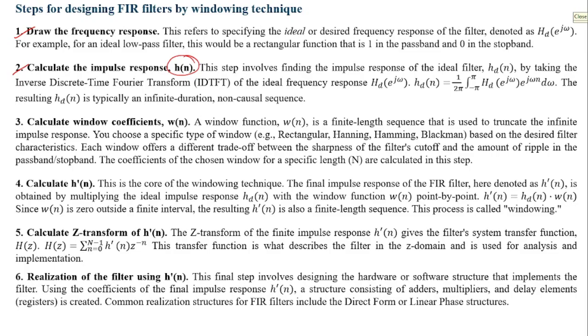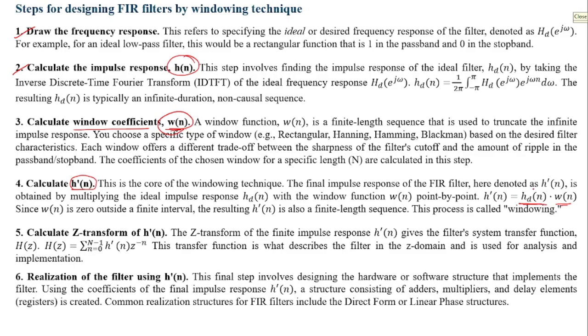The extra steps are, first, calculate the window coefficients w(n), and the fourth is calculate h dash n. What is h dash n? We take the h(n) values multiplied by the w(n) values that we calculate in step 3. That would be our h dash n.